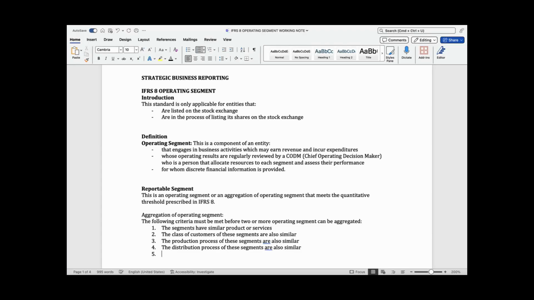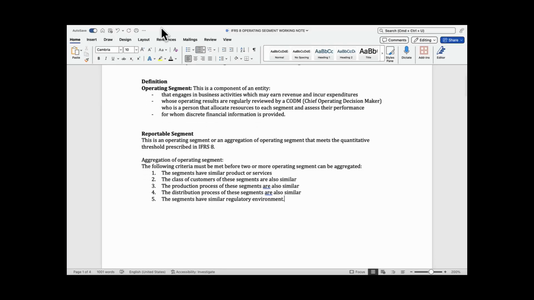They are also similar. And finally, the segments have similar regulatory environments. These are the five criteria that must be met before you can aggregate operating segments. So you can put them together and see them as one segment.